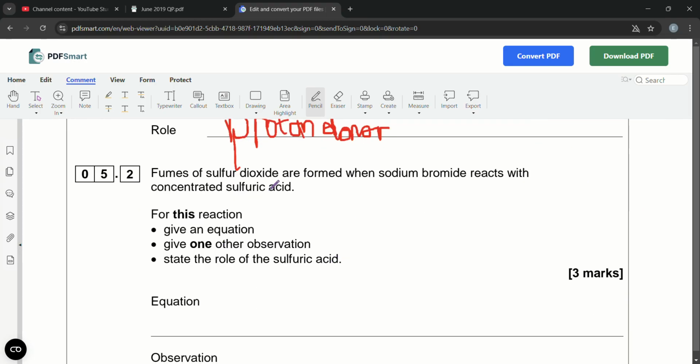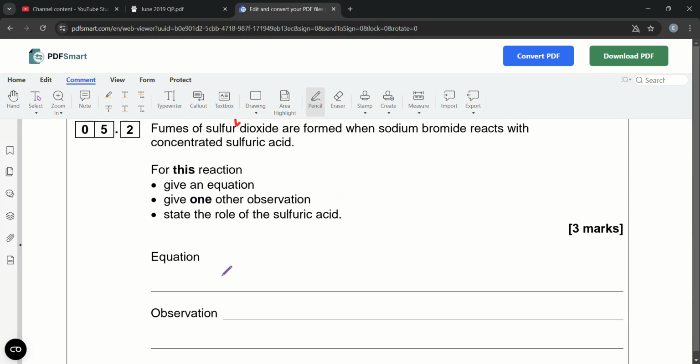Fumes of sulfur dioxide are formed when sodium bromide, NaBr, reacts with concentrated sulfuric acid, H2SO4. And we know the first thing we're going to form is SO2, because fumes of sulfur dioxide are formed. We're also going to form Na2SO4.